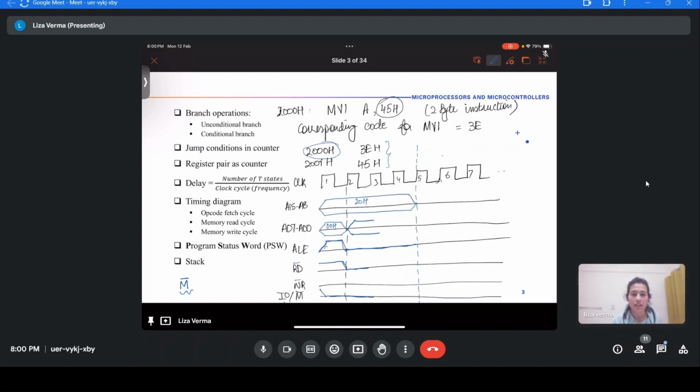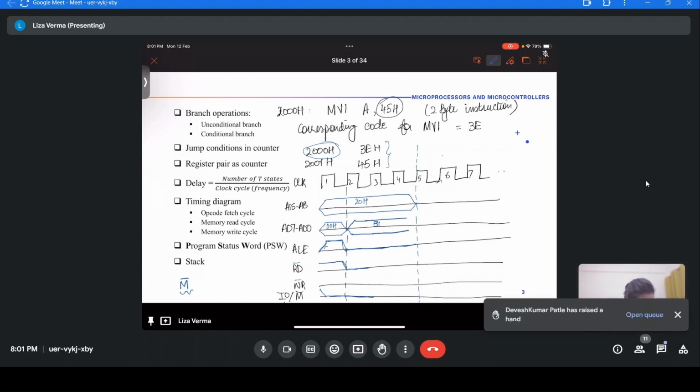When I say data for a fetch cycle, the data that has to be fetched is actually the opcode. So during the fetch cycle, data is the opcode, and this will get 3.